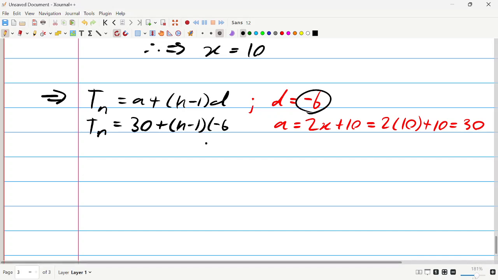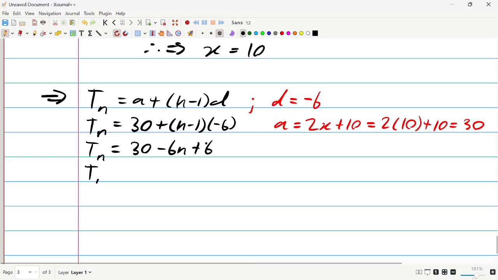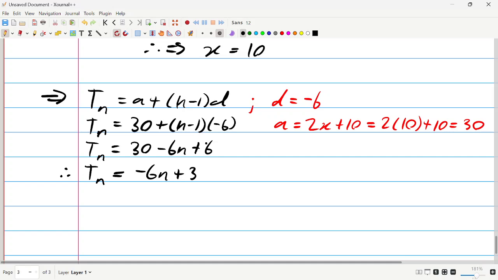And remember, there's a negative here. So Tn equals 30, and then we take the negative 6 in. It's going to be minus 6n plus 6. And then Tn is just going to be equal to 30 plus 6, which is 36. So it's minus 6n plus 36. And this should be the final answer for the questions that we had.